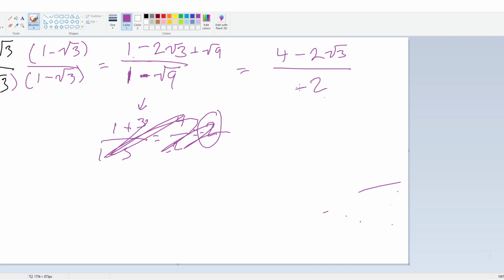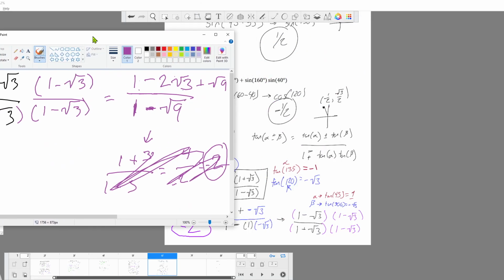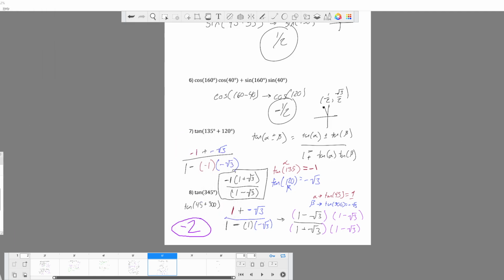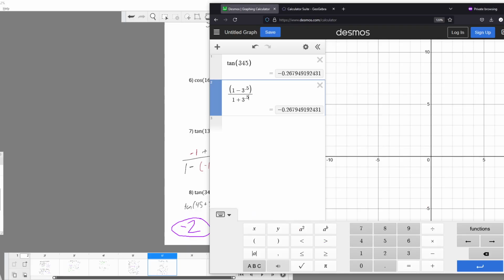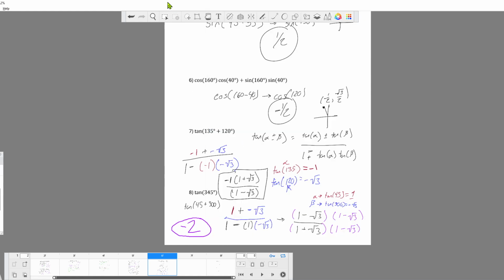And put the negative out in front. So 2 minus square root of 3 should be what that rationalizes to. And we will double check that. Yeah. So I just rationalized it wrong.